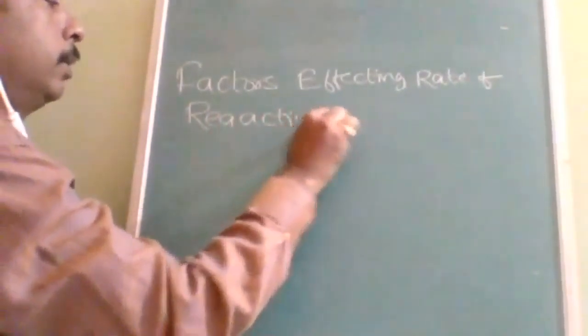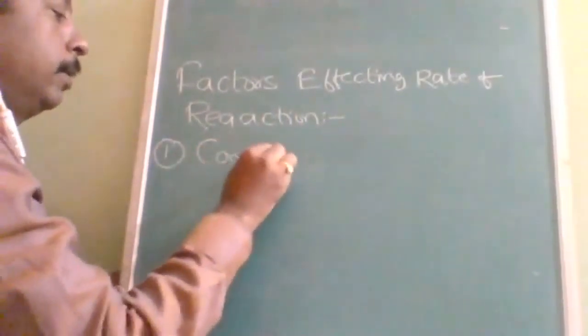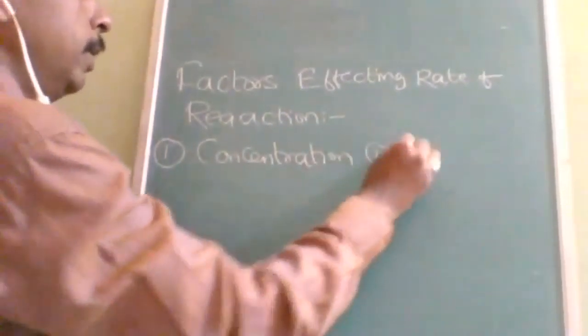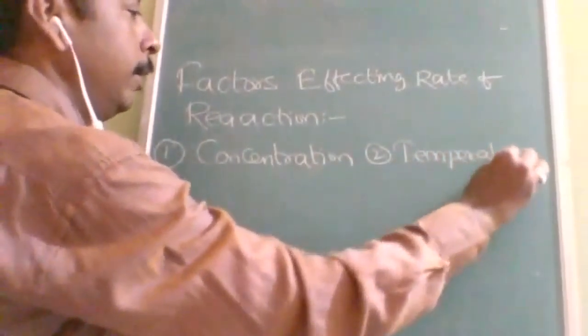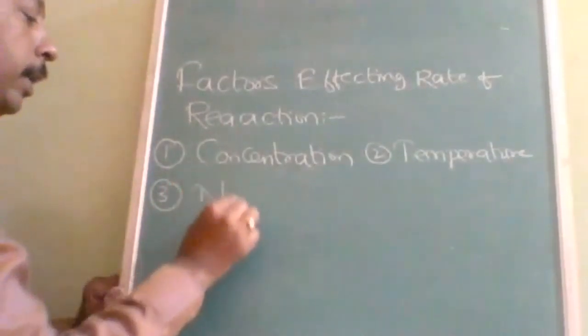The rate of reaction. Okay, the first one is concentration. The second one is temperature. The third one is nature of reactant.